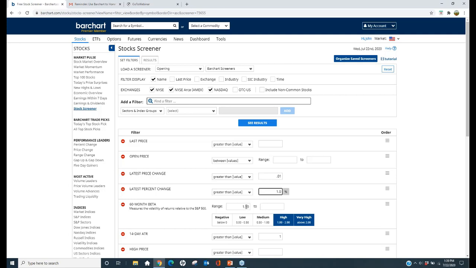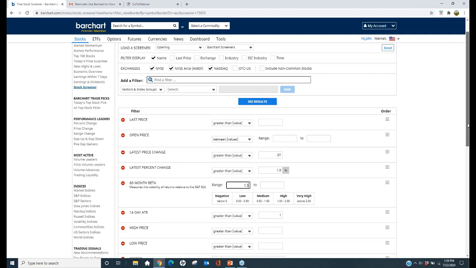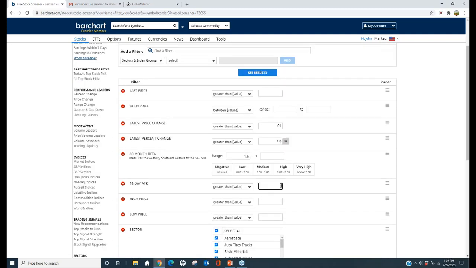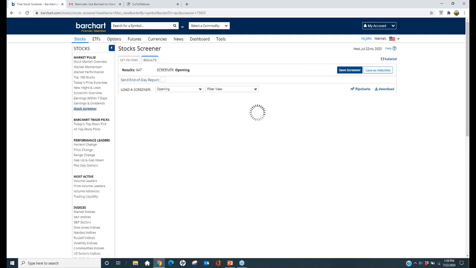Maybe now I'm going to change my beta to 1.5, a greater beta. And maybe I'm going to look for a market whose ATR is 1.5. Again, remember, I was being general, and here we're getting a little bit more specific.